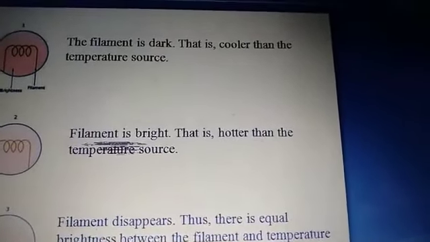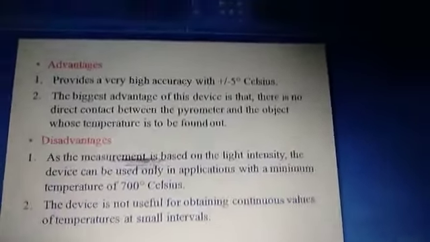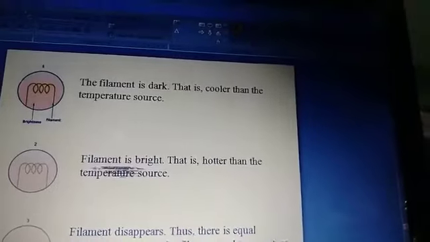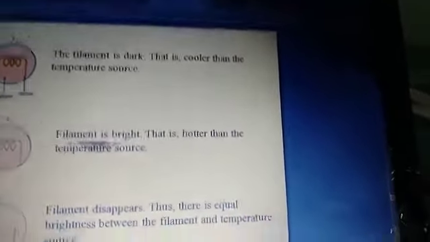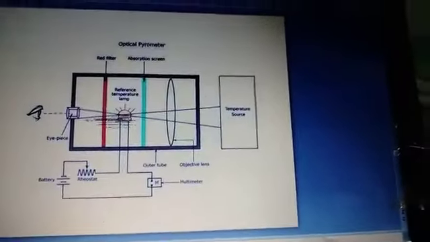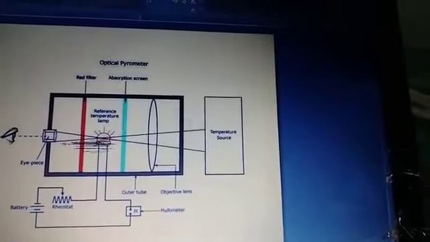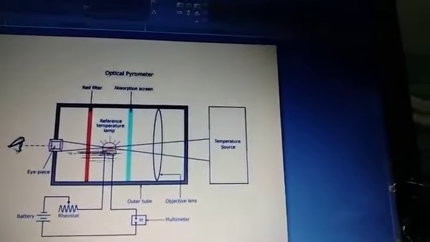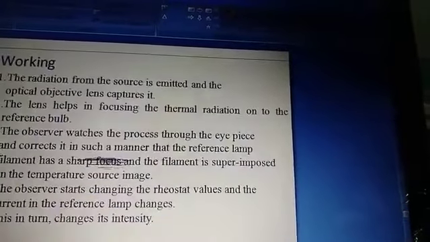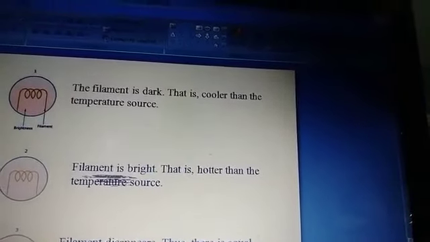So in the three cases we observe through the optical pyrometer. By measuring the brightness, you are measuring temperature directly in terms of voltage. So by the filament you are observing three cases. One is dark, meaning it is cooler than the temperature source.